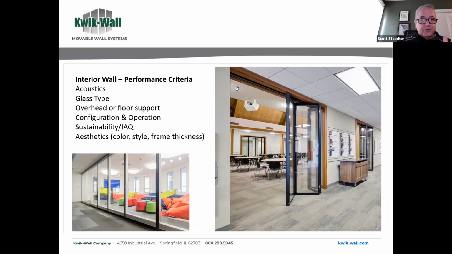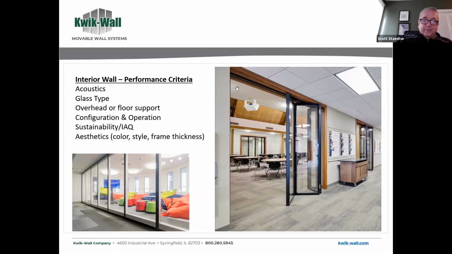So you do have to worry about overhead loads and the floor support, similar to your exterior. Of course, you've got to worry about configuration and operation. Exterior configurations have much fewer options. Internal, the configuration options are, man, there's tons of them, dozens of different configurations that you can put together.